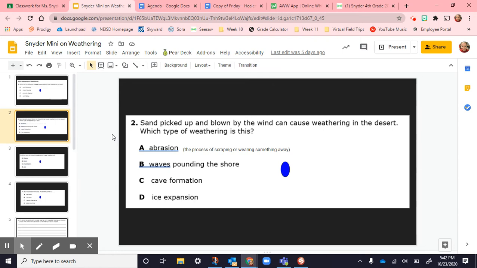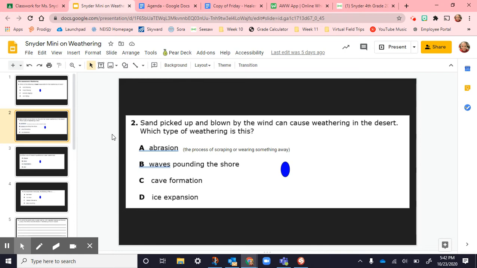Number 2 says sand picked up and blown by the wind can cause weathering in the desert. Which type of weathering is this? So sand is picked up and it's moved. That part is erosion. But then that sand in the air can hit against another rock or something, and it can cause weathering. It can cause that breaking just by that sand in the air blowing against it repeatedly, over a very long time.